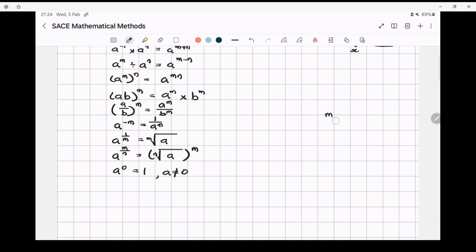But if you don't want to take it as a definition, you can also derive it, starting from here: a power m divided by a power m, which is a power m minus m. So this is a power 0, and we know that this is equal to 1. So that's how you can derive the last one.